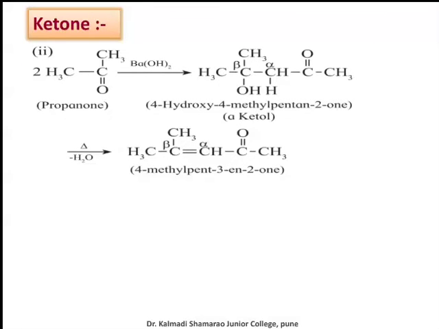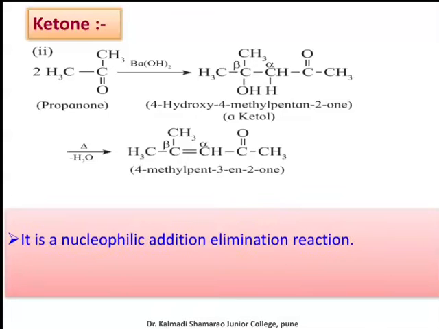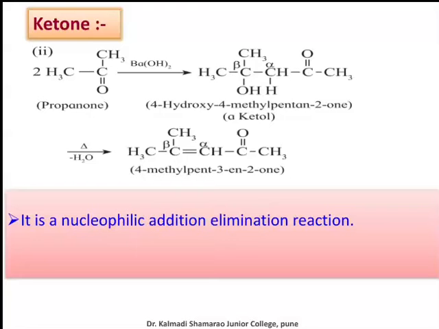Similarly, two molecules of propanone react with barium hydroxide to give 4-hydroxy-4-methylpentan-2-one, that is a ketol, which on heating with dilute acid produces 4-methylpent-3-en-2-one. The self-aldol condensation reaction is nothing but a nucleophilic addition-elimination reaction.